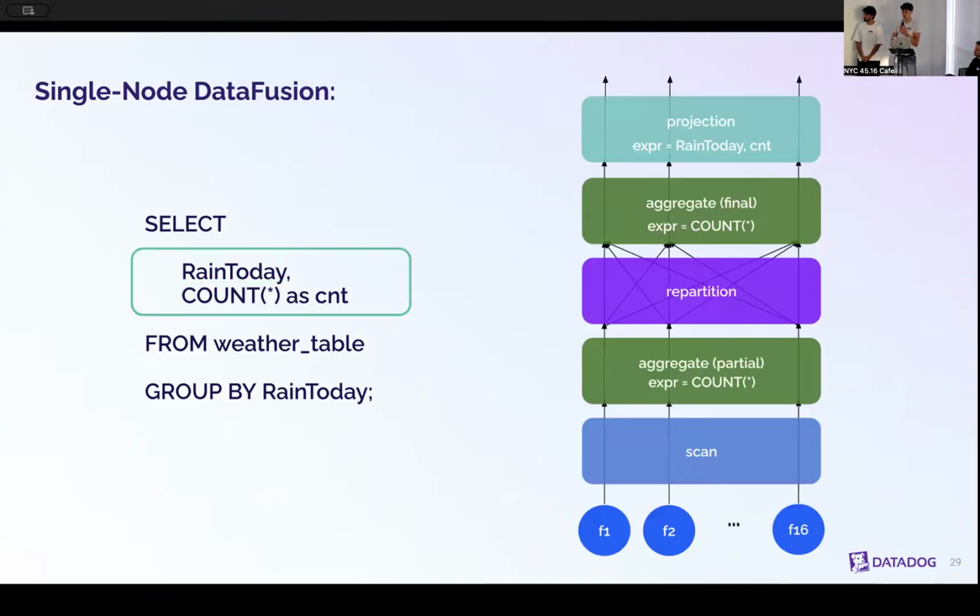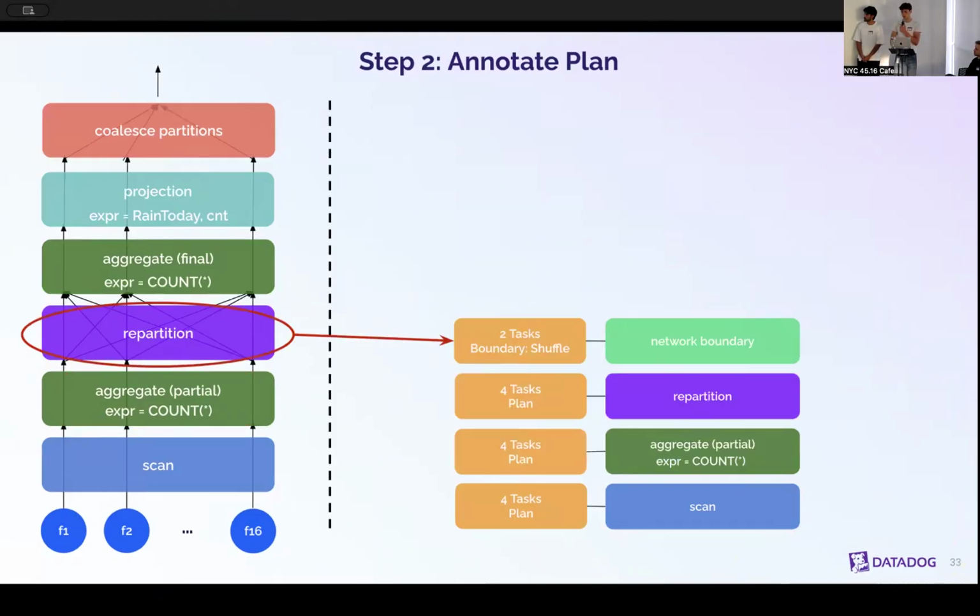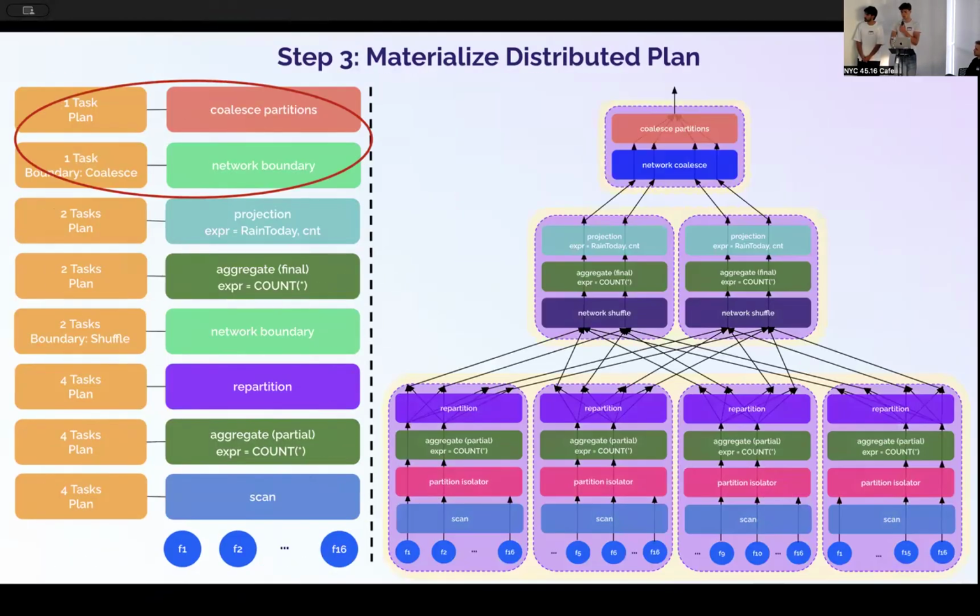Single node DataFusion will make this repartition a hash repartition on the rain today column. Then when we go to our distributed plan, these are all hash partitioned on the rain today column, and the network shuffle correctly coordinates getting it to the right machine.